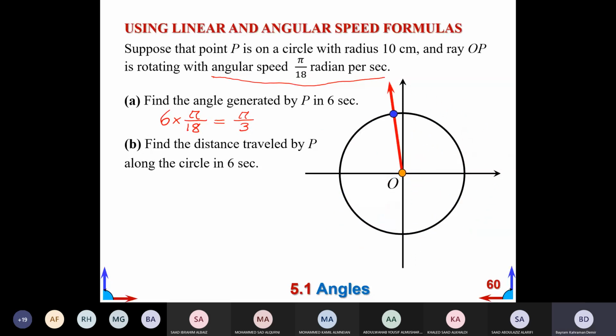It generates pi over 3 radians in 6 seconds, because it generates pi over 18 radian per second. In 6 seconds, you just need to multiply by 6, right? That simple. So multiplying the angular speed by 6 will give you pi over 3 in 6 seconds.